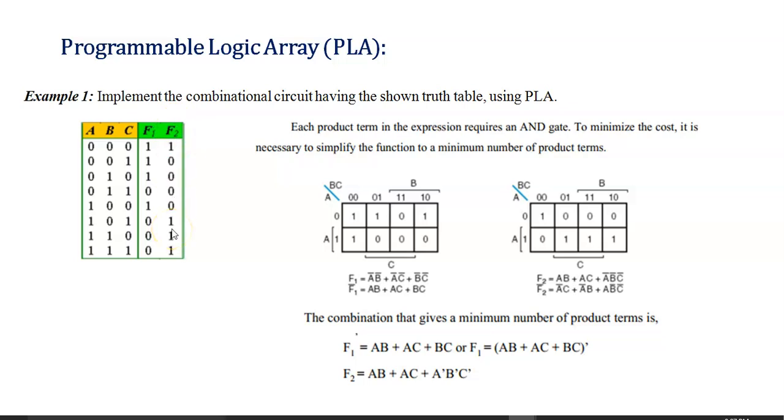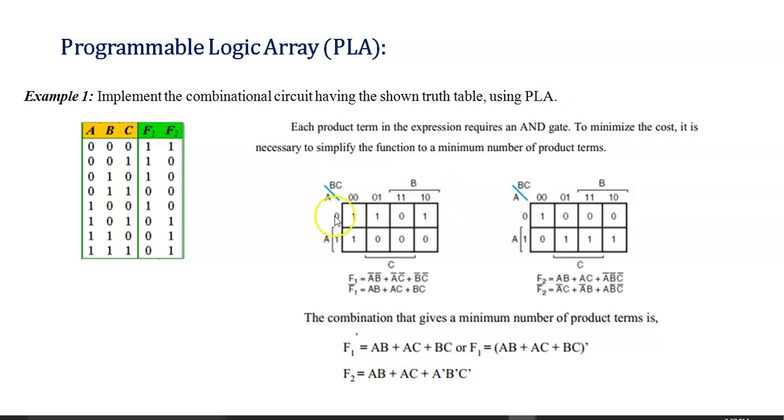Now whenever a truth table is given and you need to get an equation out of that, you need to solve it using a K-map. Hope the K-map concept you already know from the first year itself, but just for your understanding I'll be briefing in short. So here, as there are 8 options available, you need to have a block of 8 over here, 2 by 4.